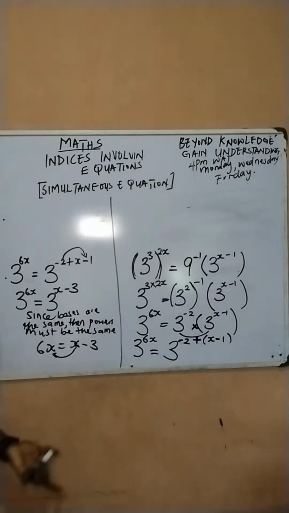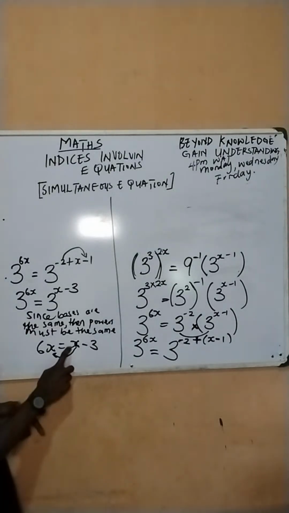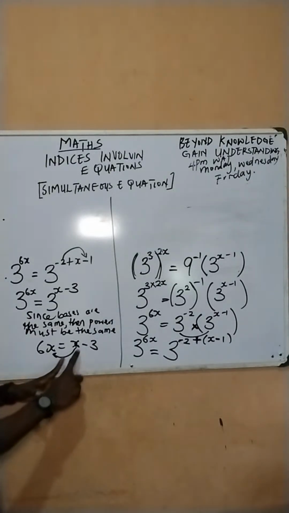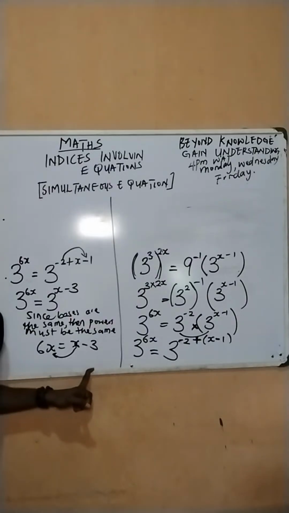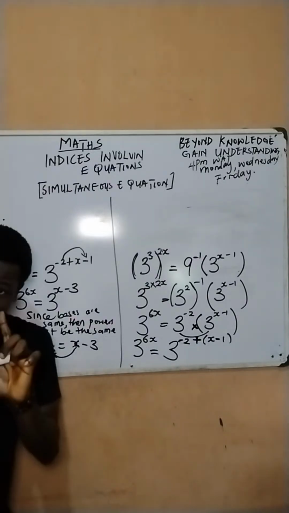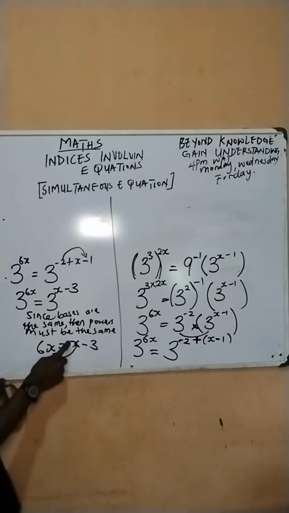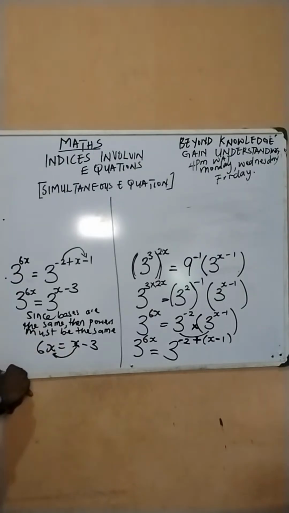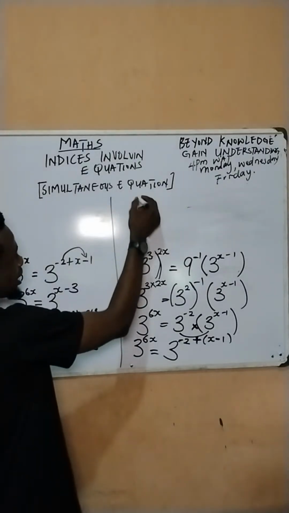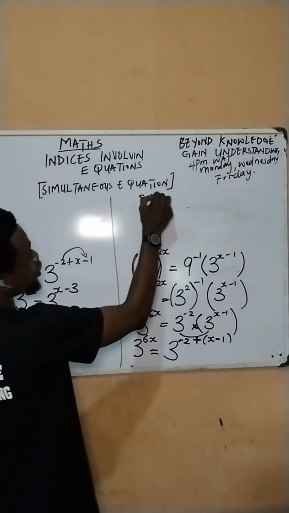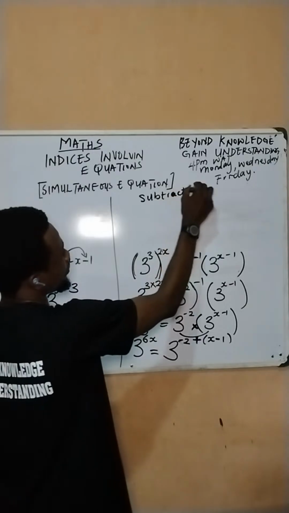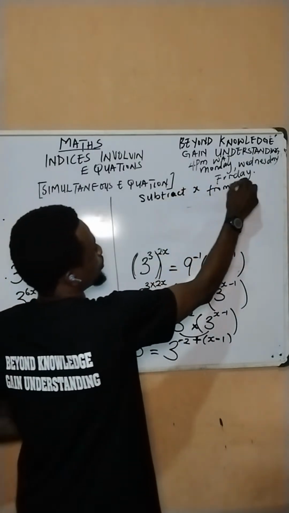And there are 2 ways you can do that. Since this x here is a positive x, you can subtract x from both sides. Or the short way that we normally do this is we move positive x over to this left hand side. Both of them will give you the same output. So what I'll simply do is say that we subtract x from both sides.